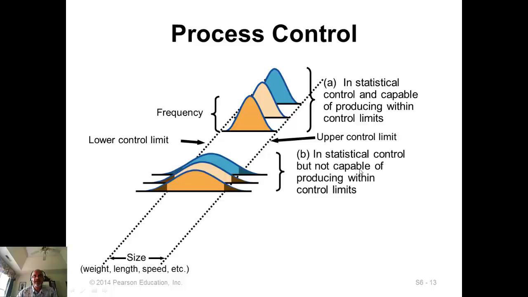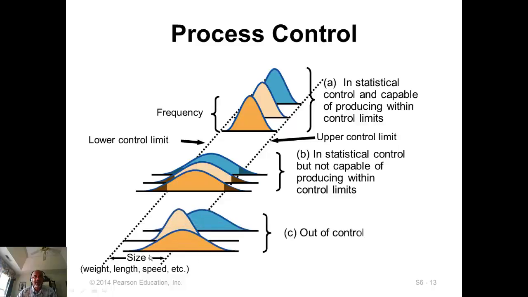In the second case, it is statistically in control because the target value doesn't shift to the left or to the right, but the range becomes larger, or the variance is larger, and you have large parts of the tail falling outside the control limits. In the third case, the central value itself is outside the limits. So the process is said to be out of control now.